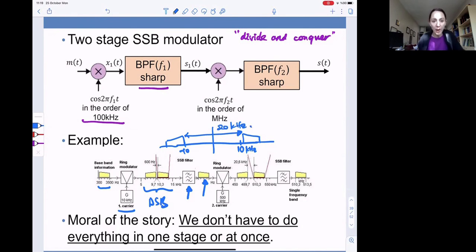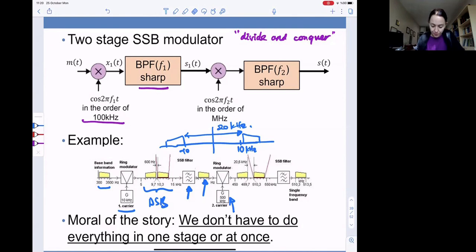Now I'm going to pass it through a second stage. Okay, now I will use a 500 kilohertz carrier. The second carrier is the 500 kilohertz carrier. It's as if now I'm modulating a signal with a 20 kilohertz DC null.